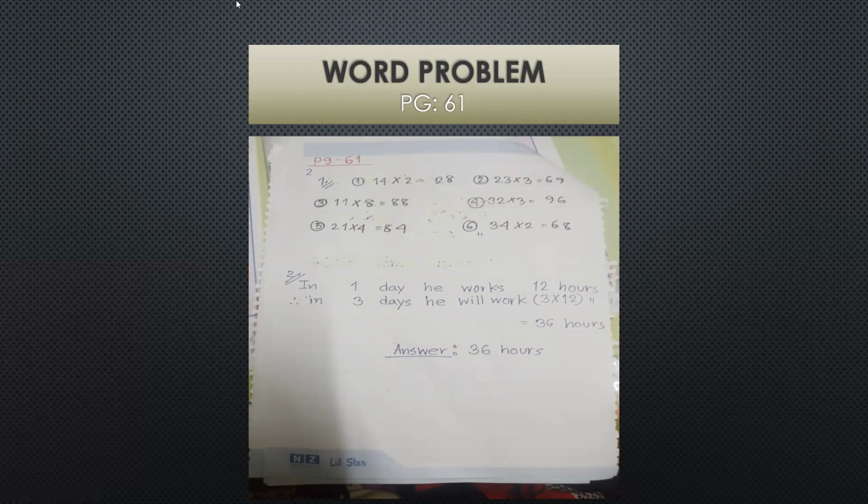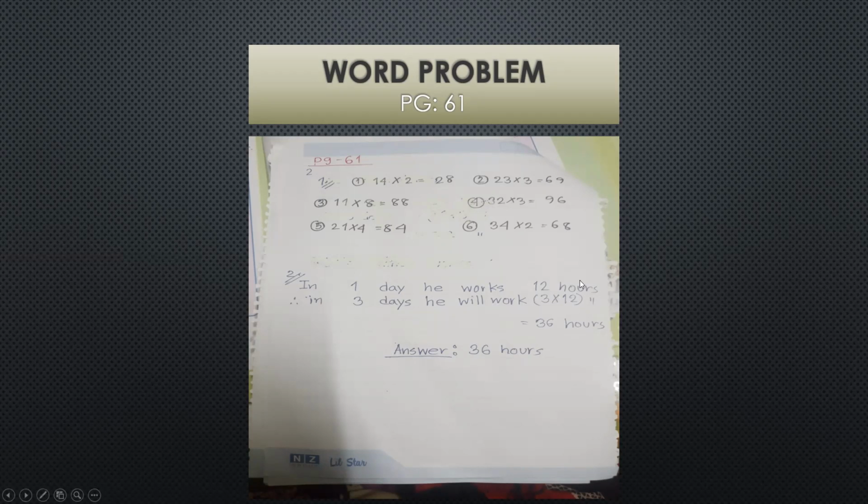Okay, number 2. Raju's father works 12 hours a day. In one day, Raju's father works 12 hours. If he works 3 days, then how many hours will he work? So we have to find the hours, so we place the hours on the right-hand side. Here, in one day he works 12 hours.